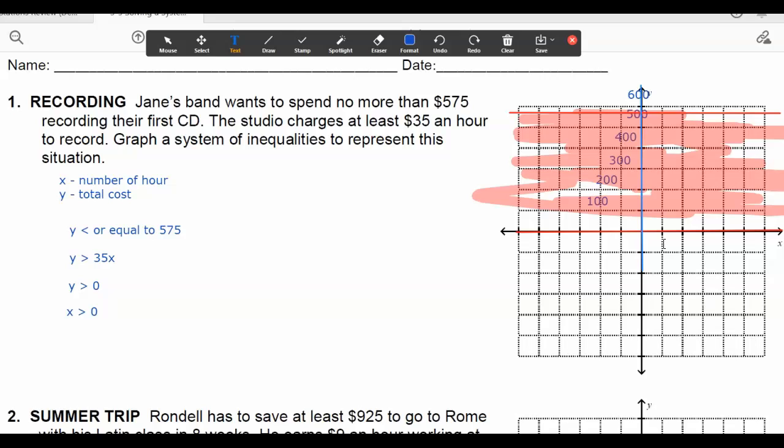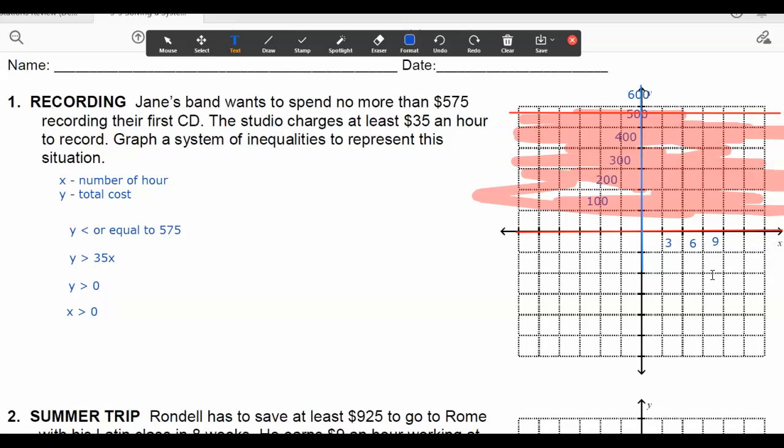So if I take these, there's 1, 2, 3, 4, 5, 6 of them. If I take them by 3s, that would get me to 18. So I'm going to make my x's go by 3s. So this is 3 hours, 6 hours, 9 hours, etc.